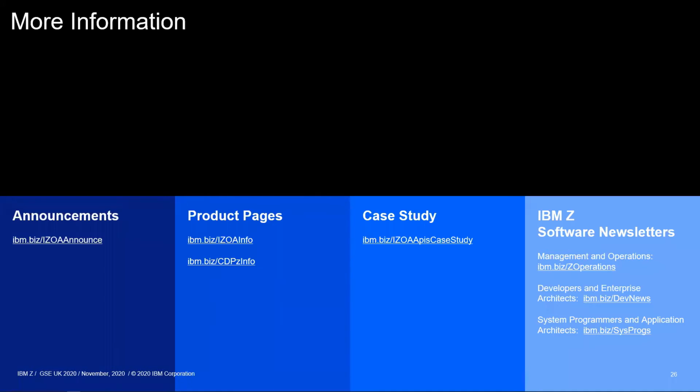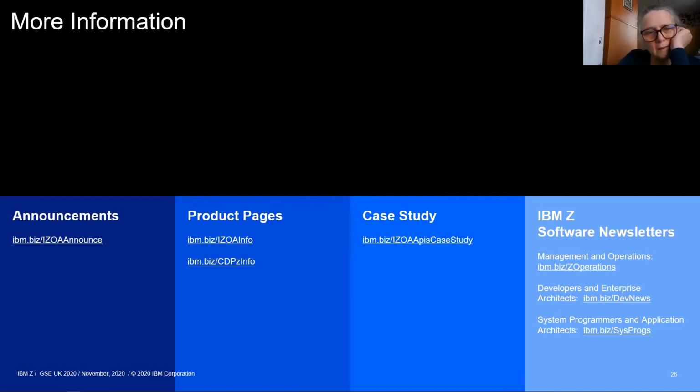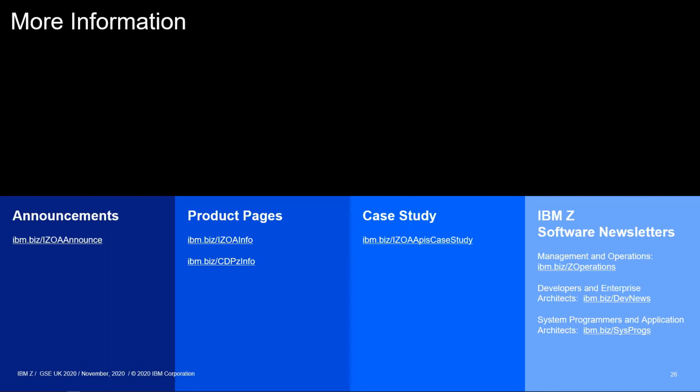So there is a question in the chat about the roadmap. It's not exactly a roadmap link in the announcement. It's on the more information slide. Let me go back to it here. There was the product announcement. If you go into there, there was a statement of direction about us adding additional subsystem support. So that's the text that I referenced.